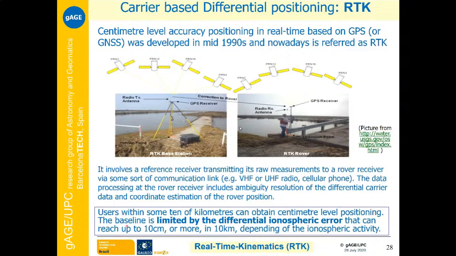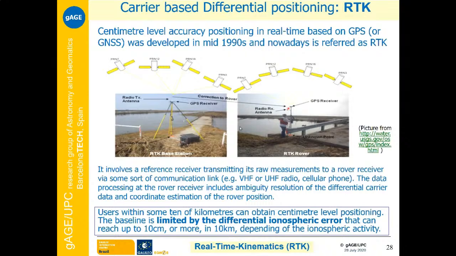There is a limitation in the baseline. There is a limitation in the distance between reference station and user receiver, and this is because, as we commented before, the concept behind differential positioning is that errors cancel in differential mode.